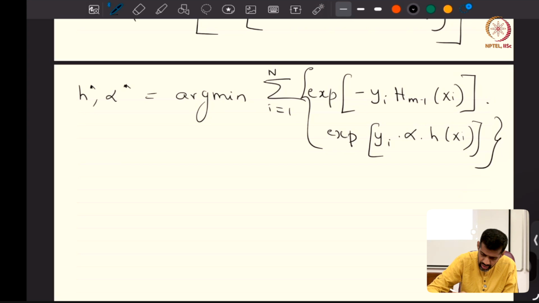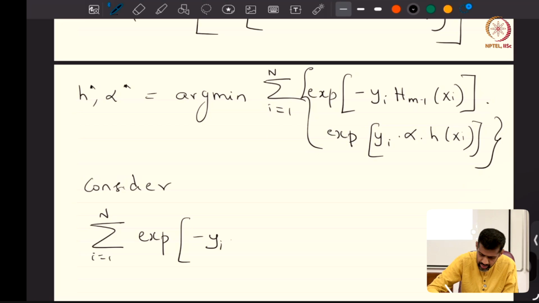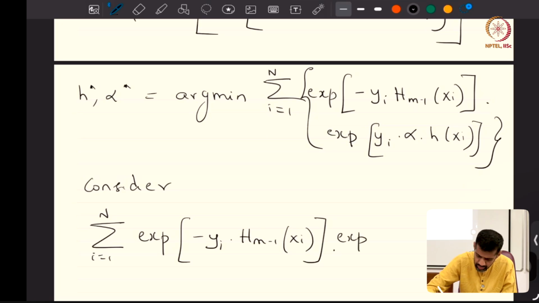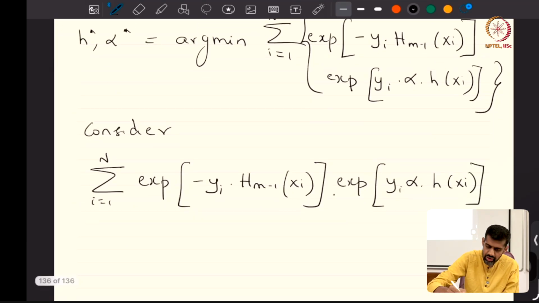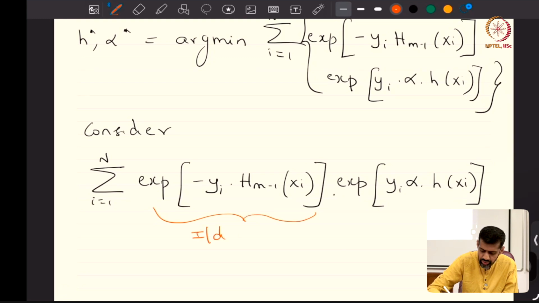Now, consider this term: e power minus yi times hm minus 1 into xi into e power yi alpha h of xi. See, this term is independent of h and alpha.